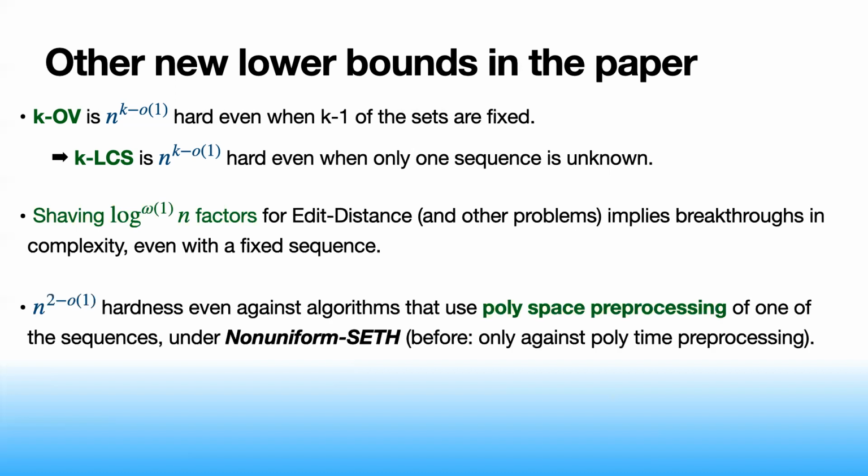And finally, there are consequences for algorithmic models where one is allowed to pre-process part of the input in advance. For edit distance and such problems, it was already known under SETH that the quadratic lower bound cannot be broken even if we pre-process one of the sequences in arbitrary polynomial time. Now we can rule out an even stronger pre-processing that uses polynomial space, but this is under a non-uniform version of SETH.